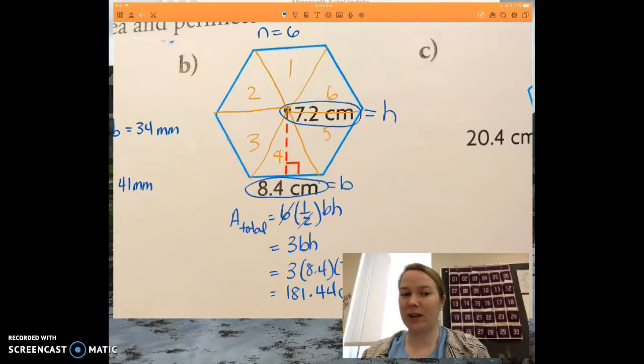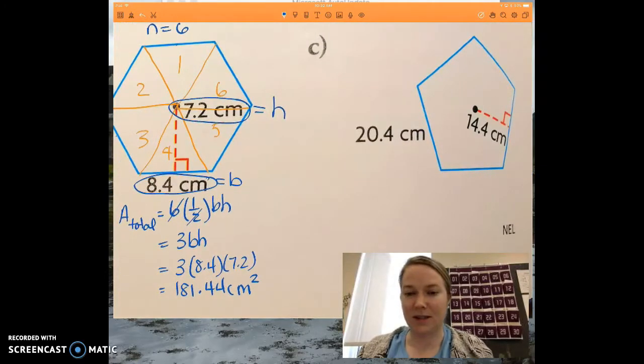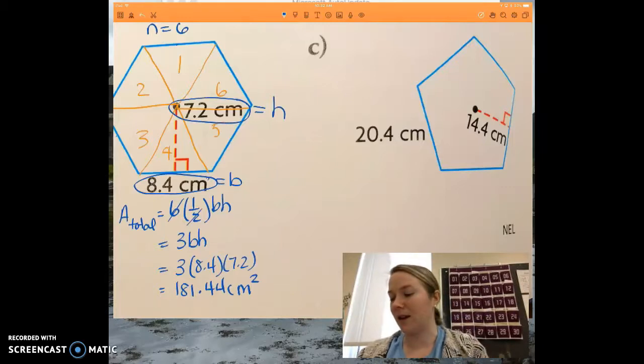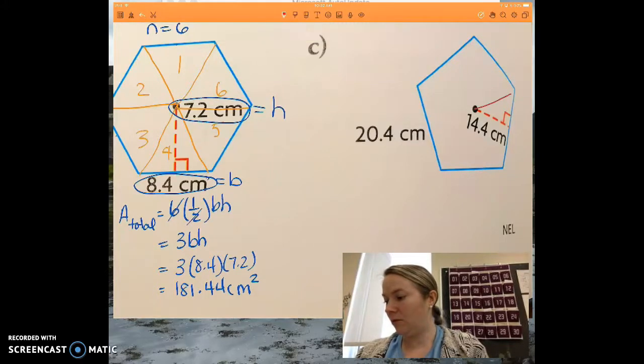Let's do one more quickly, just to practice. Obviously I took this as a picture from your textbook. It's sitting on the edge of the page, but it is still a regular polygon. It's just the page is bent. So we have 1, 2, 3, 4, 5 triangles.